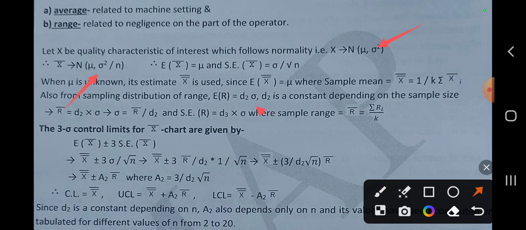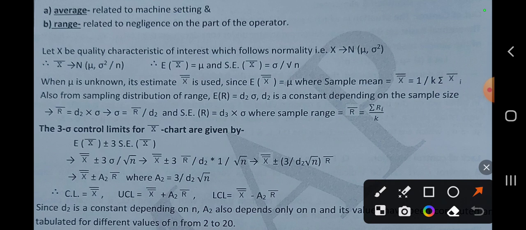So the expected value of x bar is mu and the standard error of x bar is sigma upon root n. If the standards are known to us, that means if we know the value of mean mu and variance sigma square, then we can put these values in the formula and we will get three limits.